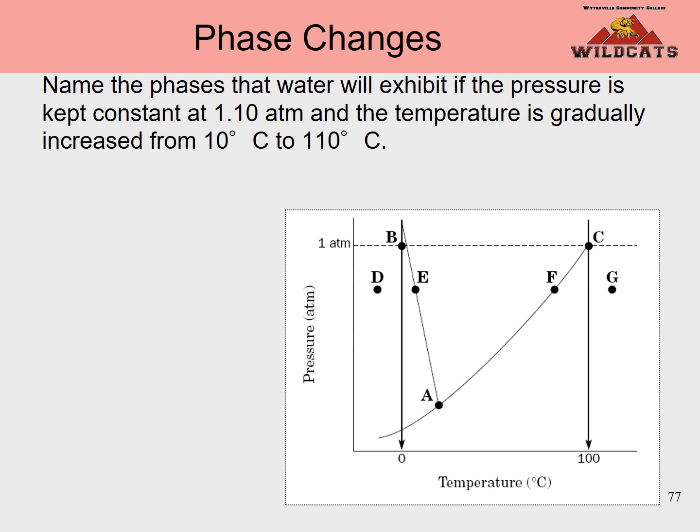It says, name the phases that water will exhibit if the pressure is kept constant at 1.10 atmospheres, and the temperature is increased from minus 10 to 110 degrees Celsius. And so it's going to go from a solid to a liquid to a vapor. Again, that should be minus 10 degrees Celsius.